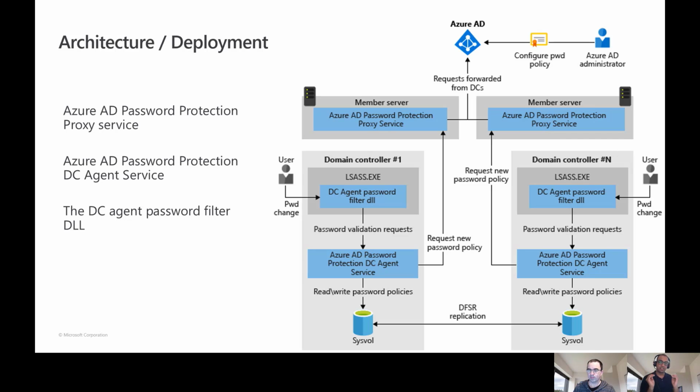And then, of course, I install the Azure AD Password Protection DC agents on the domain controller. What these DC agents do is they pull the data from the proxy service every 1 hour. Every 60 minutes, they go to the proxy service, pull the data, and put it into the sysvol container.